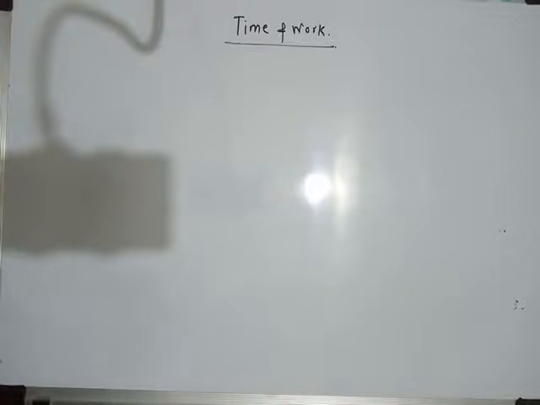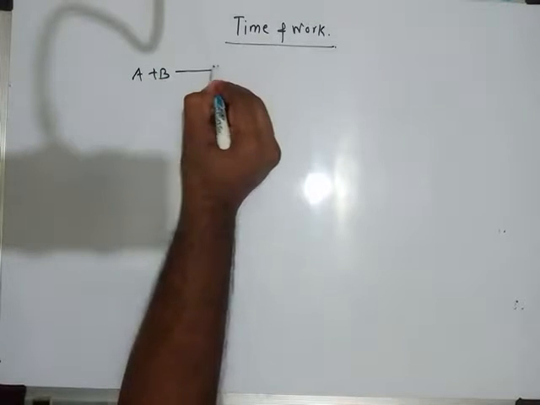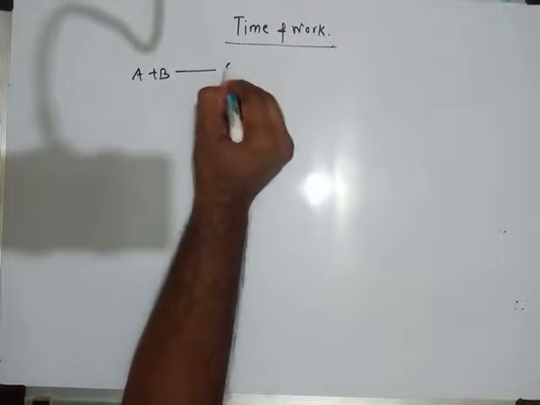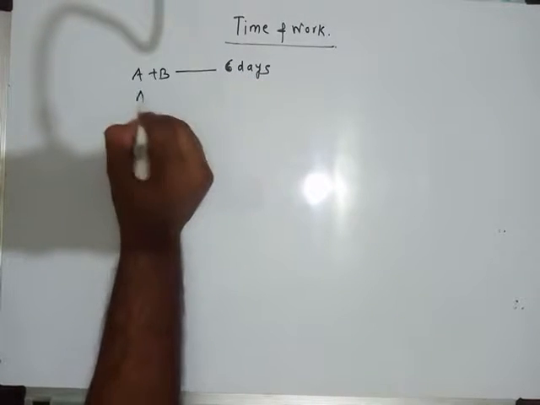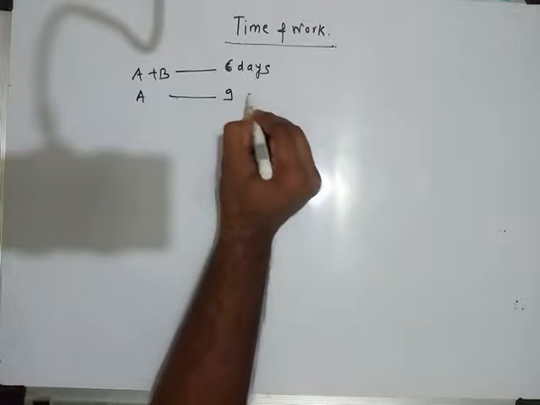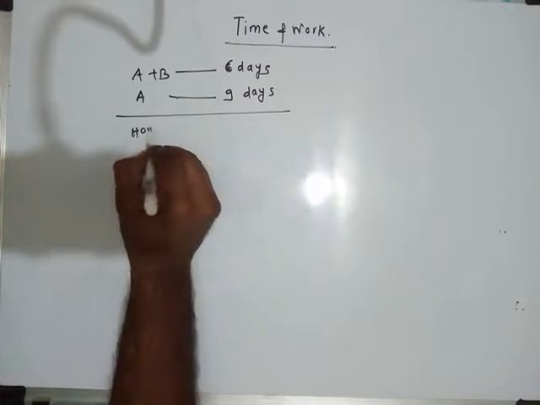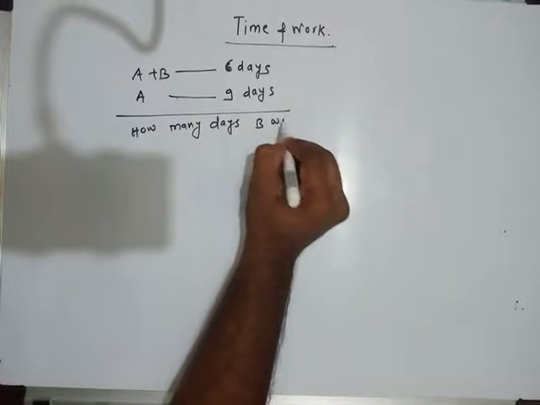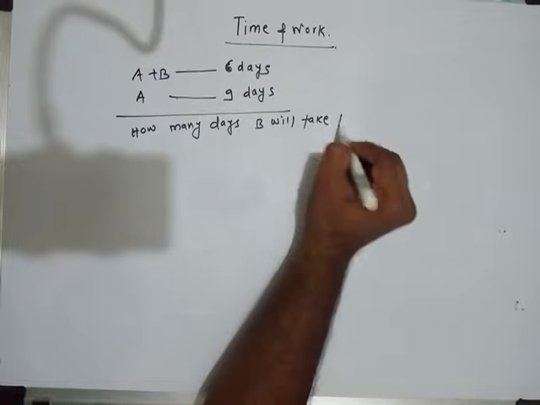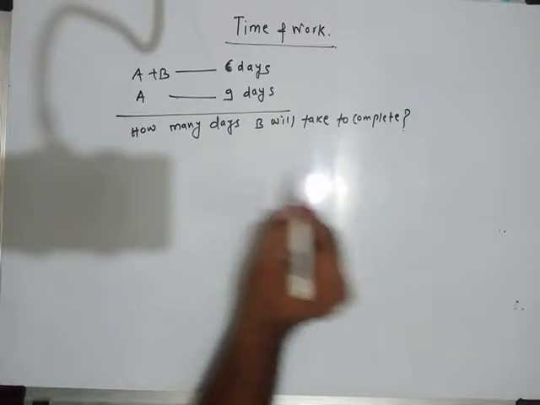Let's take one more problem which is slightly different but of a similar kind. A and B together can complete a work in 6 days. Now A alone can complete the same work in 9 days. How many days will B take to complete while working alone?